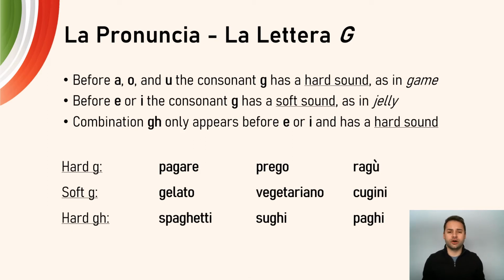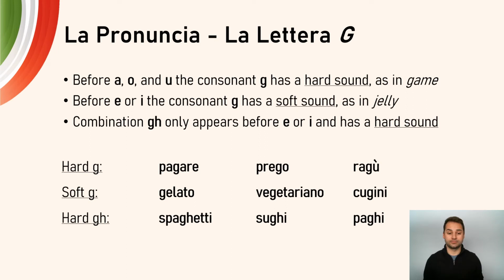What about the letter G, though? When the G goes before A, O, or U, the consonant has a hard sound, like in English when we say game. Everyone say game. So G-A, ga, G-O, go, G-U, gu. Ga, go, gu. Hard sound. When the G goes before an E or an I, it becomes a soft sound, as in the English word jelly.